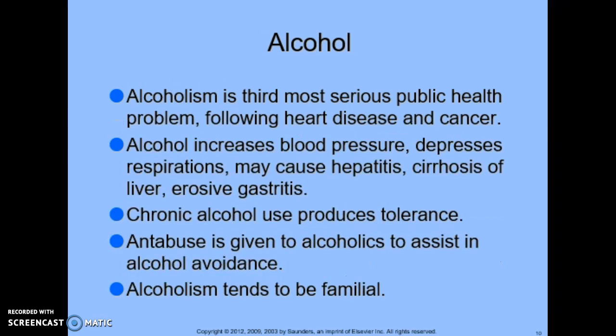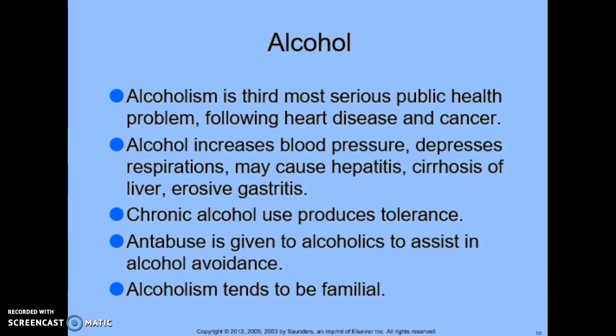Look at alcohol. Alcoholism is the third most serious public health problem, following heart disease and cancer. Think about that for a minute. Alcoholism increases blood pressure, depresses respirations, and may cause hepatitis, cirrhosis of the liver, and erosive gastritis.